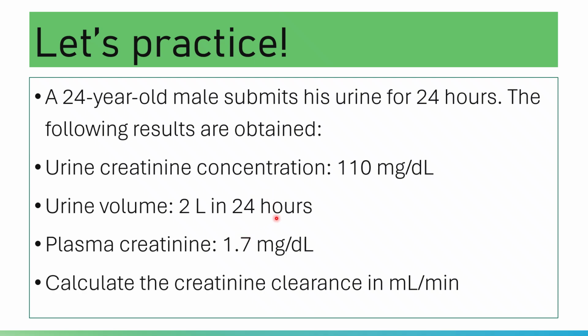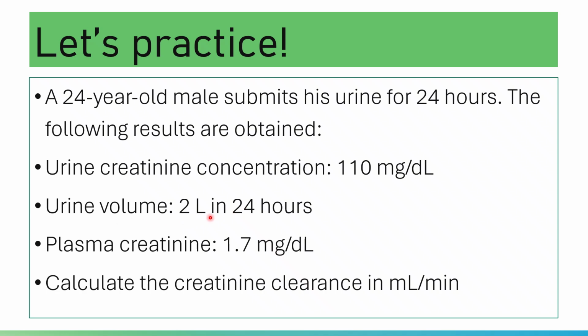And then for the 24 hours, you need to convert this into minutes. You have 60 minutes times 24 because you have 24 hours. So 24 times 60 gives you 1,440 minutes.